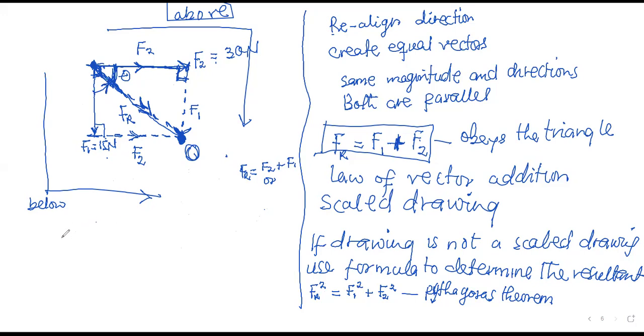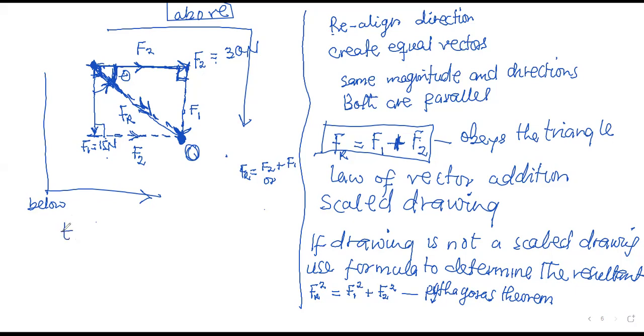To determine theta, the direction the resultant makes with the east, the x axis, we can take the tangent. Since we have the opposite, which is F1, and the adjacent, which is F2, we can find theta.